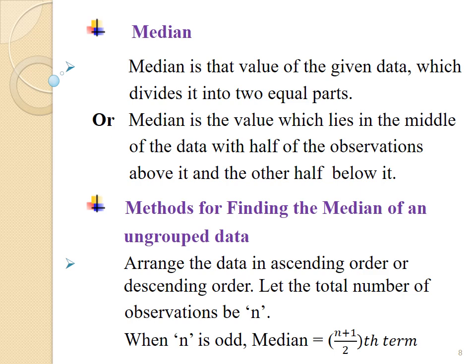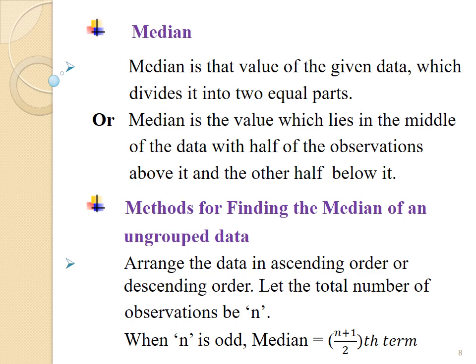Now, methods for finding the median of an ungrouped data. First of all, you have to arrange the data in ascending or descending order. Let the total number of observations be n. Case 1.